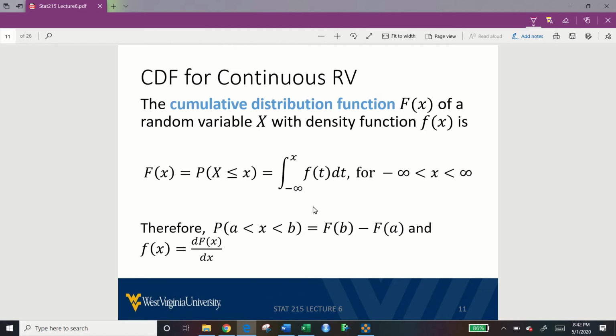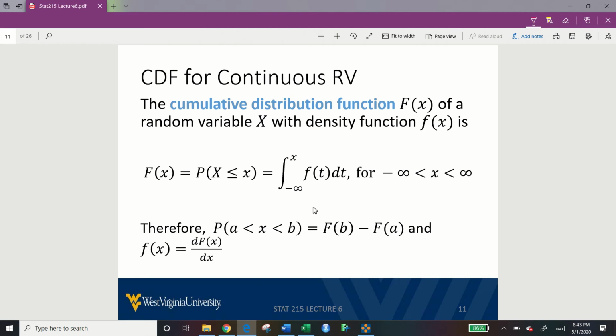For a random variable x with density function f of x, our CDF is capital F of x equals the probability of x less than or equal to x, which is equal to the integral of f of t dt from negative infinity to x, for negative infinity less than x less than infinity. Therefore, the probability of a less than x less than b equals F of b minus F of a, and f of x equals the derivative of capital F of x.